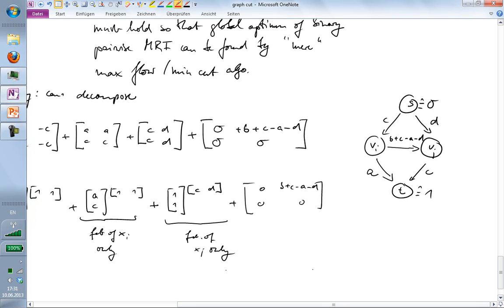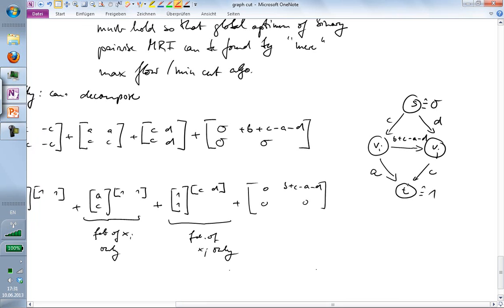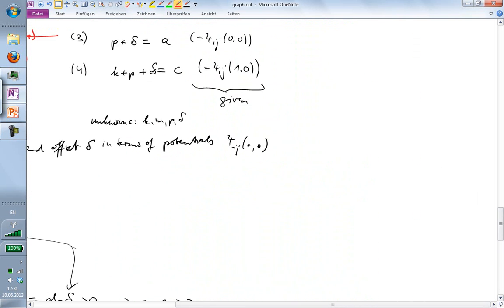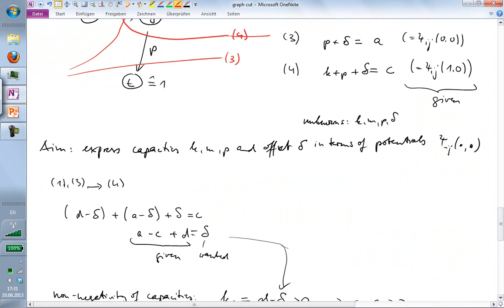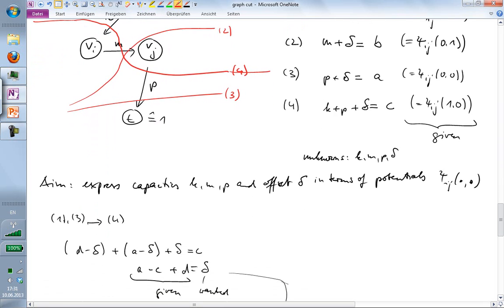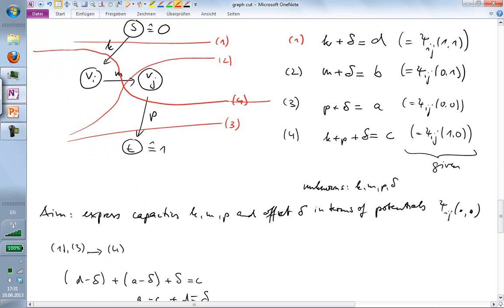Now, how does this relate to the graph that we saw further up? The graph further up had only 3 edges. This one here. And let me say again what the values of these edges were.